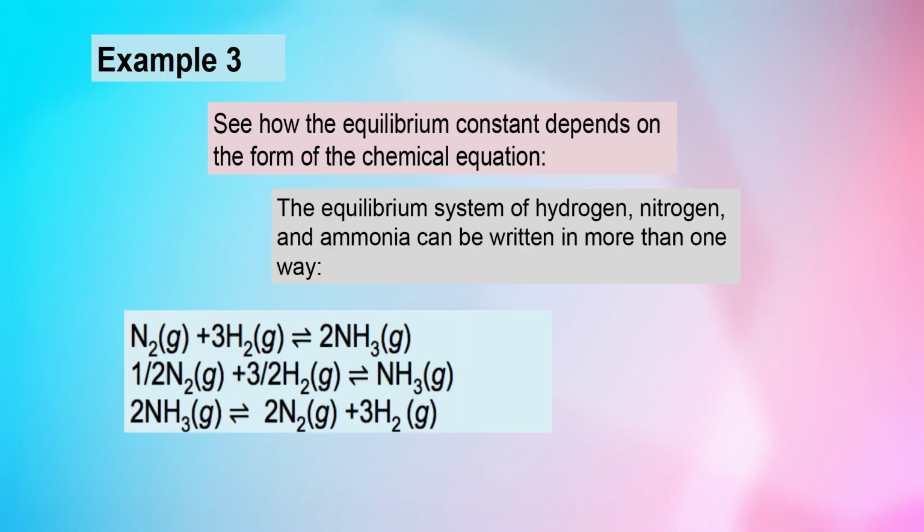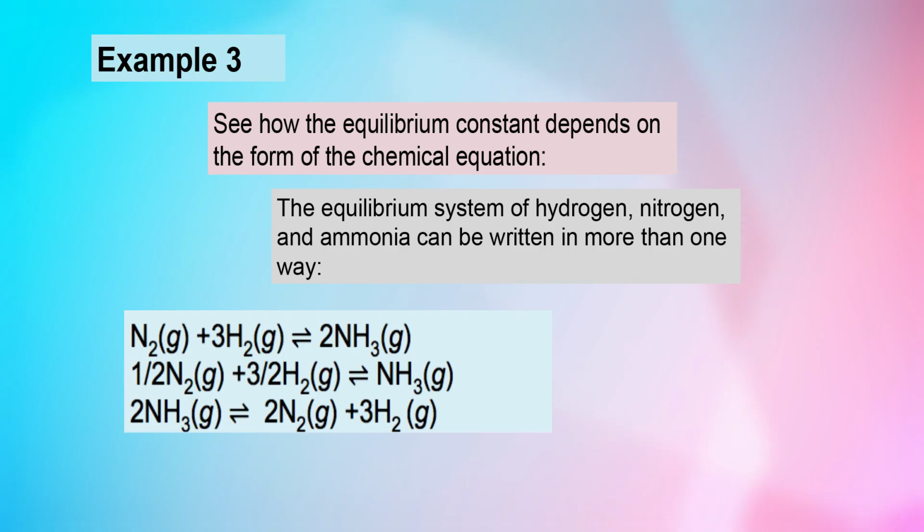I have told you in previous sessions also regarding chemical equilibrium, why the study of chemical equilibrium is so important for human civilization, for industries. This is the reason they want to study where you will get the yield best under low cost conditions. And here is the system of nitrogen, hydrogen and ammonia, where you have to study the equilibrium. So, you can write it in various ways as shown.